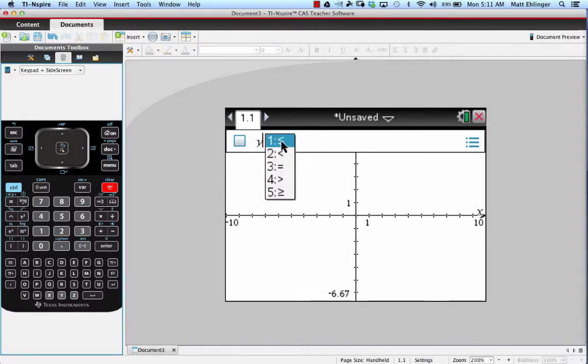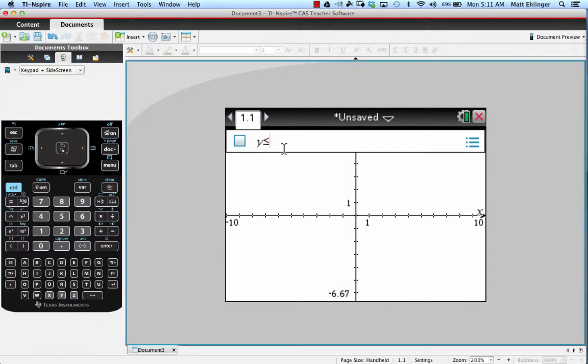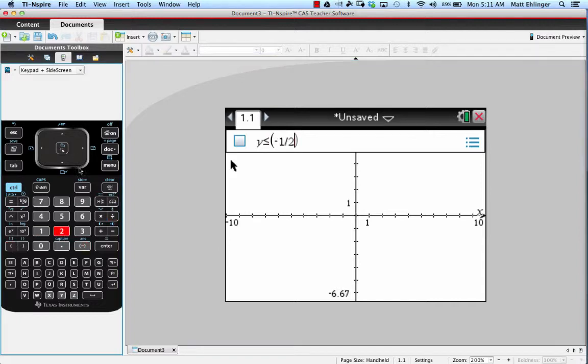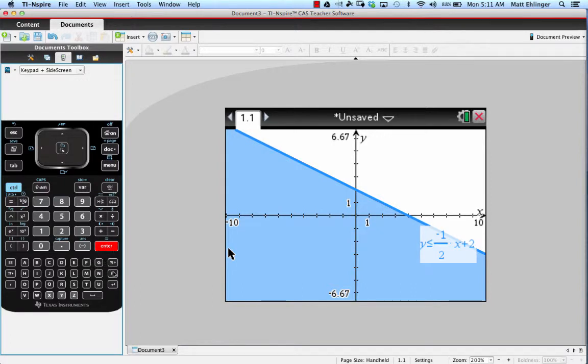So we want a less than or equal to for our first inequality, and then it was -1/2. So there's our first inequality. Once I click enter, there is my inequality shaded, with a solid boundary line, everything we need, okay?